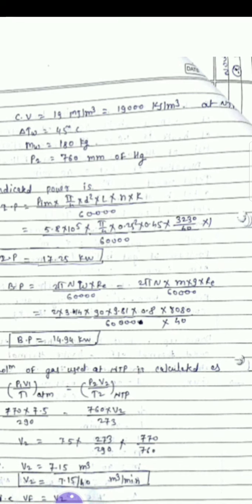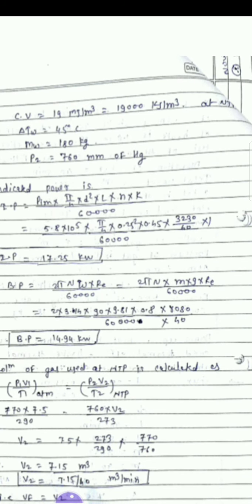Now next, calorific value of the gas, 19 megajoule per meter cube at NTP. Here especially NTP is mentioned, normal temperature and pressure. So we have to consider the calorific value at NTP, which will be 19 megajoule per meter cube. We have to convert this megajoule into kilojoule per meter cube, which will be 19 into 10 raised to 3 kilojoule per meter cube. So this calorific value we'll write down here: 19 megajoule per meter cube equals 19,000 kilojoule per meter cube at NTP.